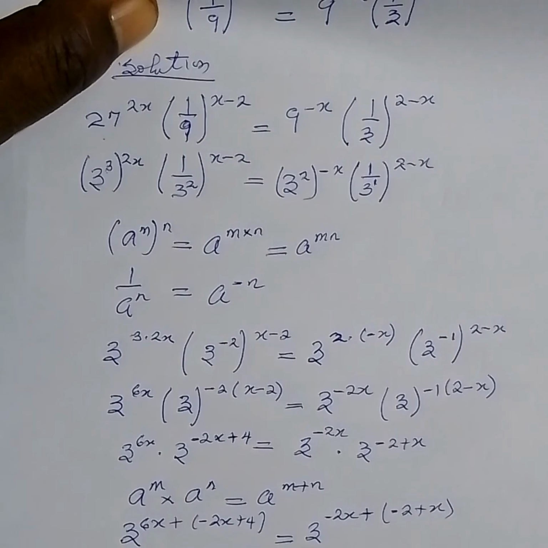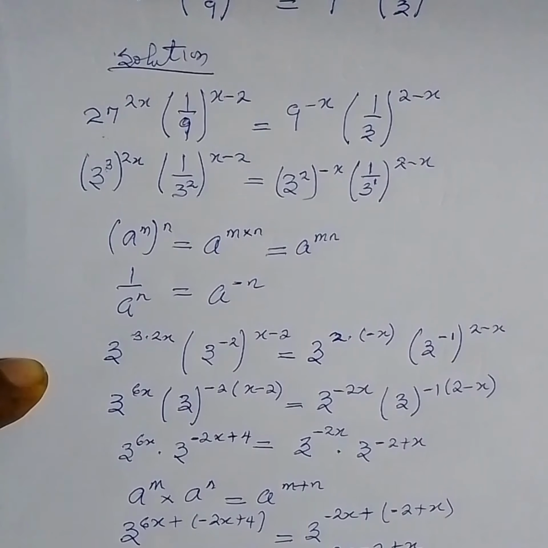Simplifying further, we have 3 to the power of 4x plus 4 equal to 3 to the power of minus 2x plus x minus 2.